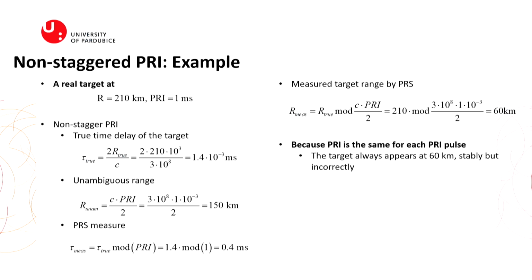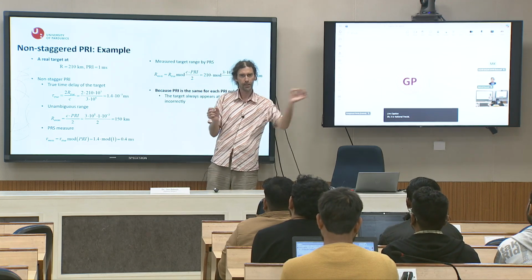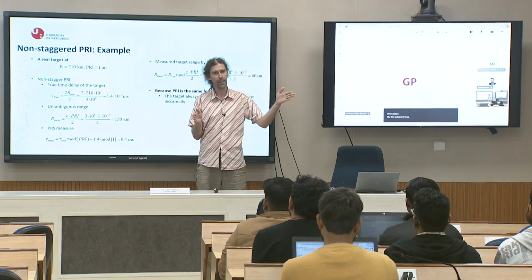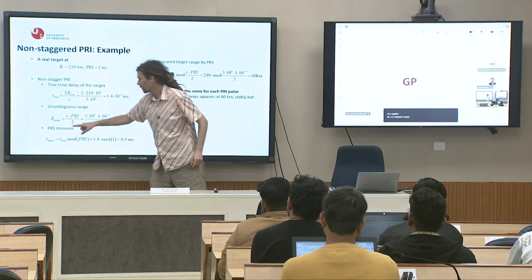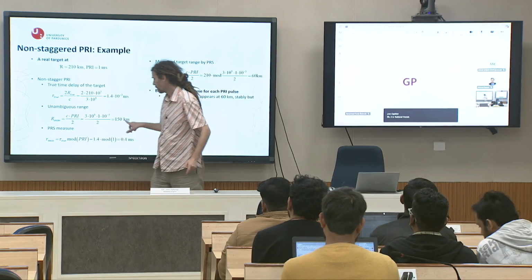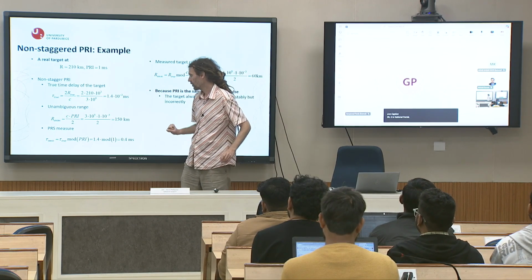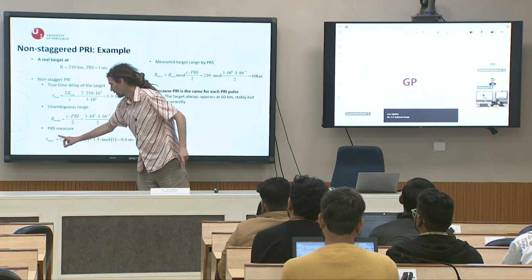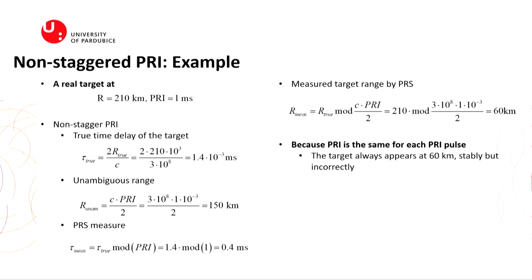So we are outside. Is it clear that the second pulse is already transmitted before we receive echoes from the first target from the first pulse? And what is measured by radar is not T true. Of course, we know it in advance, but generally you don't know.